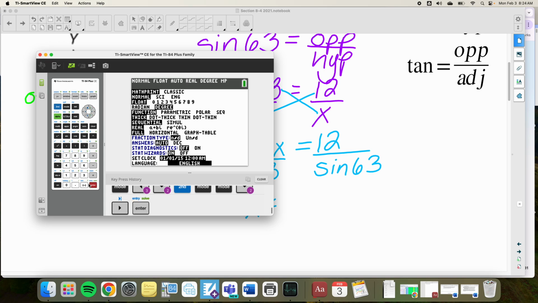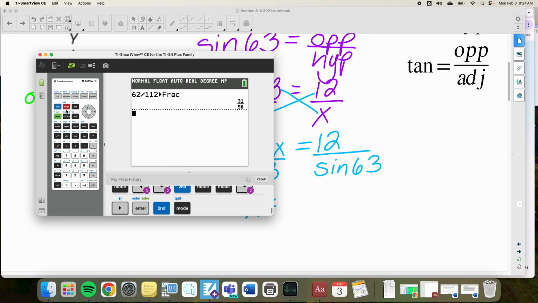Now that it's flashing on degree, I have it in the correct mode. When you want to get out of a screen, you can go second mode and that will clear that screen and bring you back to your original. There's a way that you can check if your calculator is in the correct mode or not. You can hit sine 90 and it should be 1. If it is, that means you're good to go.